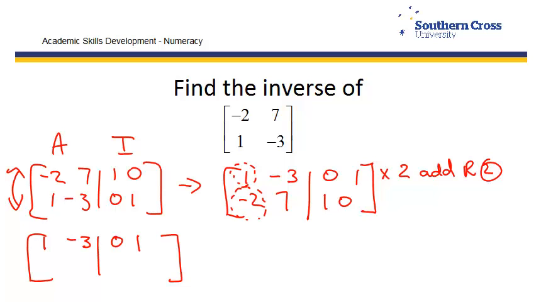So 2 times 1 is 2, add minus 2 is 0. 2 times minus 3 is minus 6, add to 7 is 1. 2 times 0 is 0, add 1 is 1. 2 times 1 is 2, add 0 is 2.